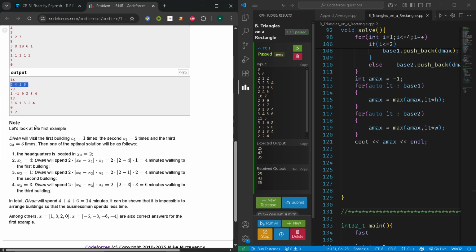But where is it that he will visit the building 2 times? Okay. What he did was, I guess he visited this building 3 times. One will visit first building 1 time, second building 2 times, and third building 3 times.